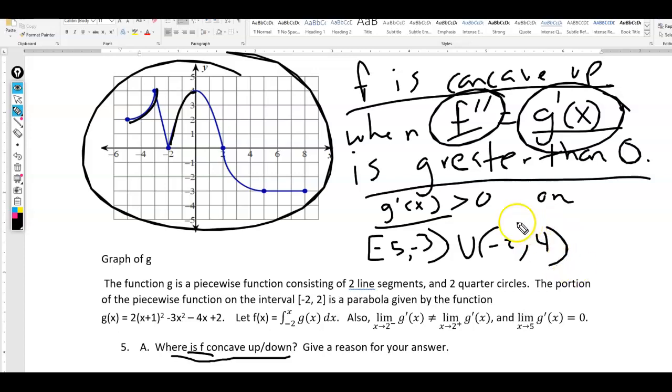Okay. Now, if you want to do the opposite, part B is asking, when is this graph concave down? I'm going to make a couple of changes. F is concave down when F double prime, which is G prime, is less than 0.